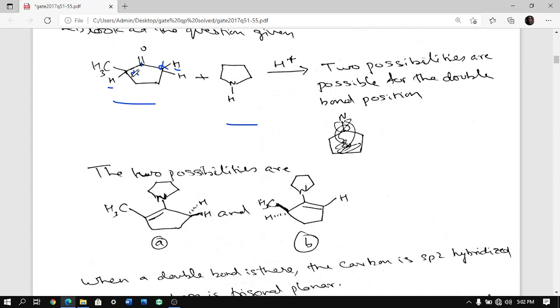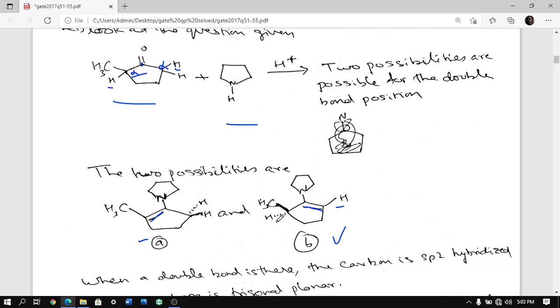Imagine if it reacts with this side, and I am giving a numbering as A, and reacts as B, and we'll see which enamine is more stable. So one possibility is you get a double bond this side and you have CH3 here. Another possibility is you get it this side and you are having H here, because H was there initially, two hydrogens are there, one hydrogen lost, so one hydrogen is there.